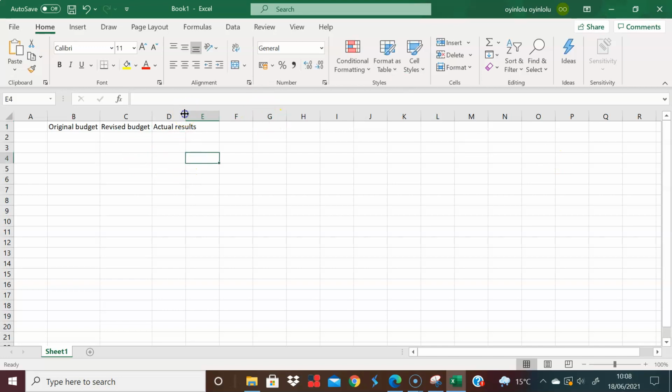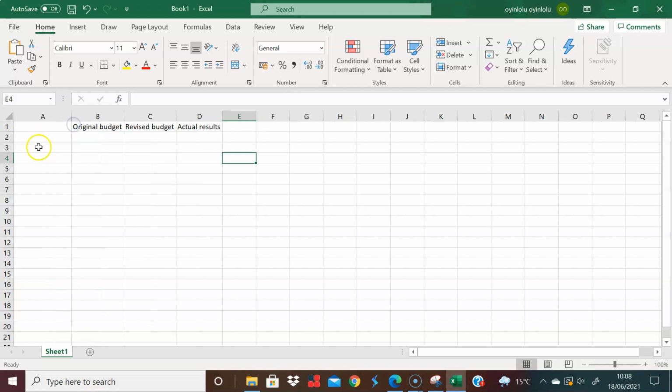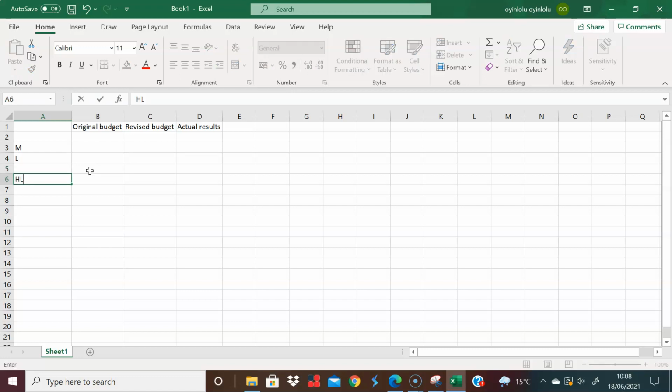Okay, brilliant. And then of course we have here materials, labor, heat, light and power. And then we have here rent, rates, and depreciation. Okay, great. So let's look at that.